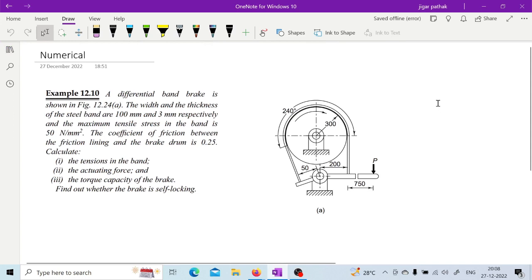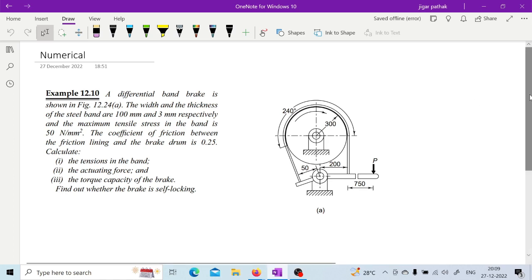Let us go quickly. A differential band brake is shown in this figure. The width and thickness of the steel band are 100 mm and 3 mm respectively, and the maximum tensile stress in the band is 50 Newton per mm square. The coefficient of friction between the friction lining and the brake drum is 0.25.